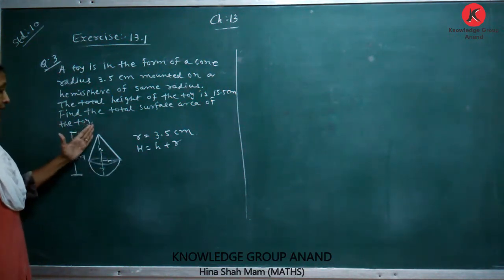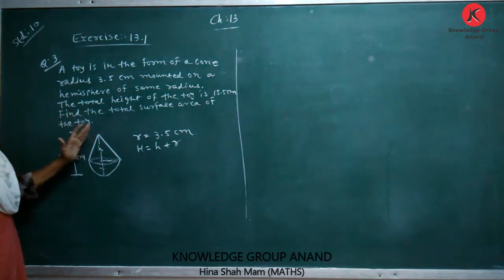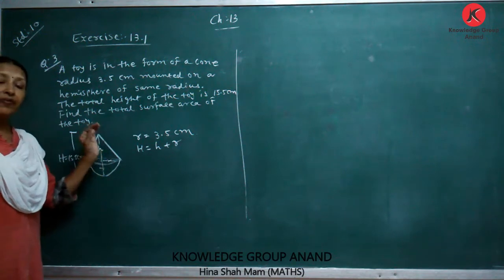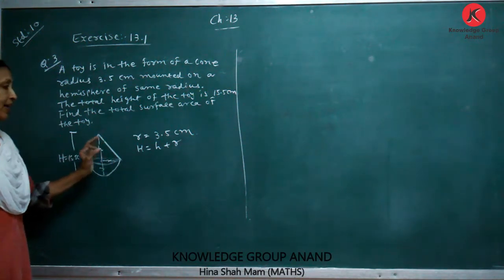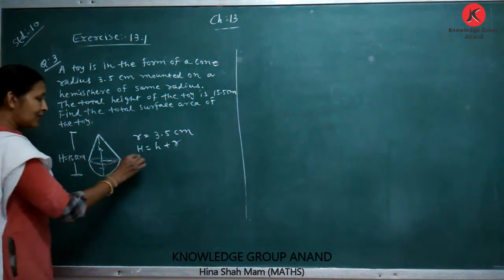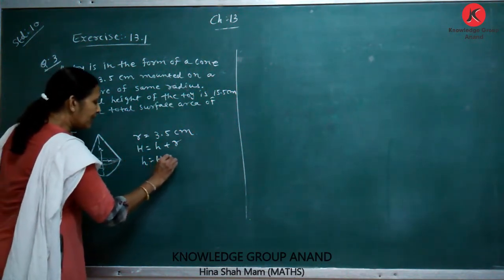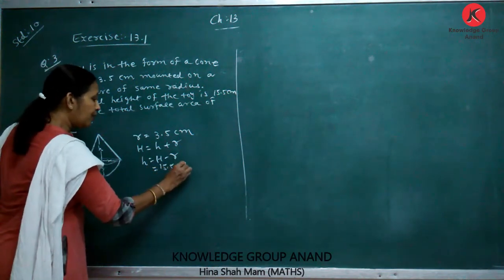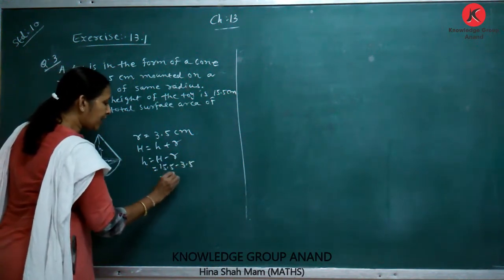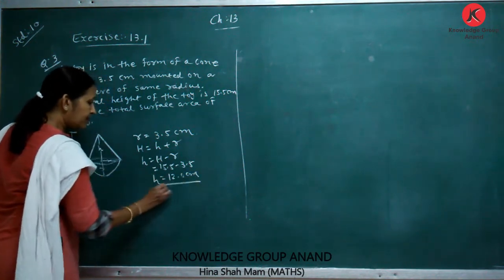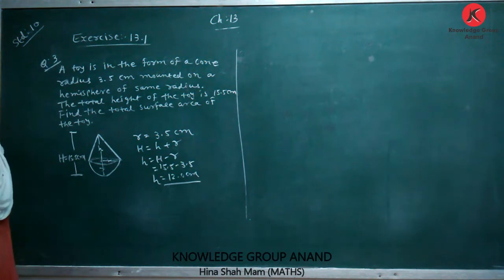Because curved surface area of cone is equal to pi r l. We want L. To find it, we use small h. Small h is equal to H minus R, which is 15.5 minus 3.5, equal to 12 centimeter.